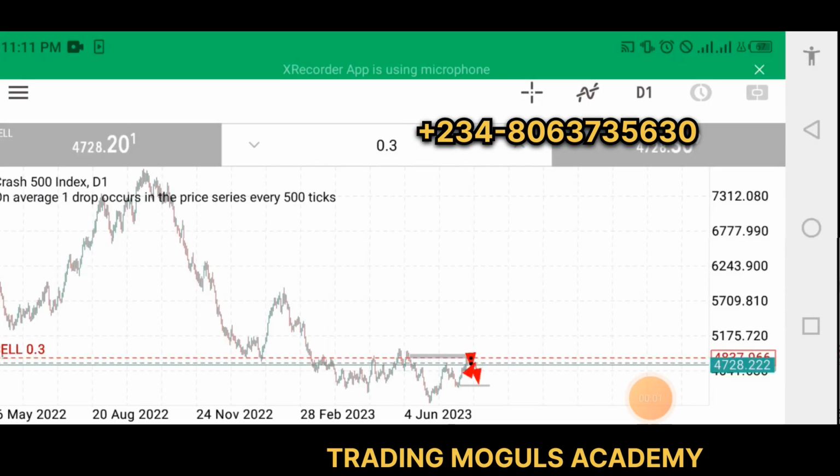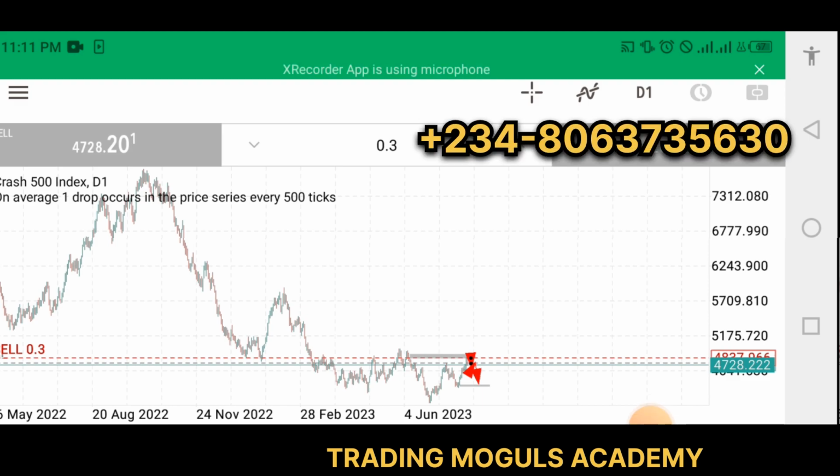Alright, so right here we'll be looking at this example using Crash 500. This is a synthetic index, Crash 500 on a daily time frame.